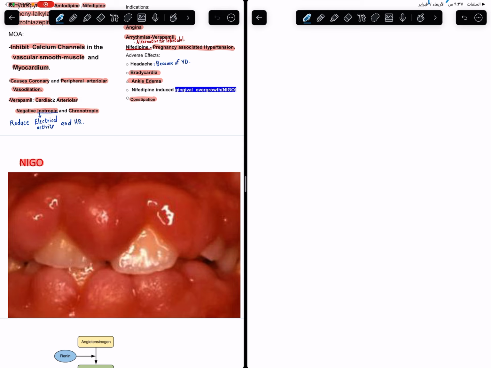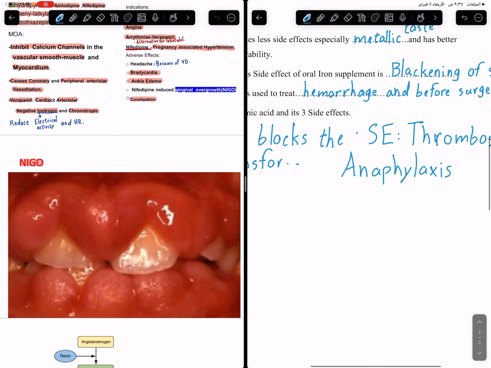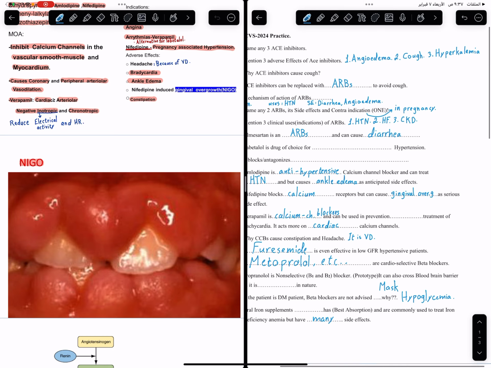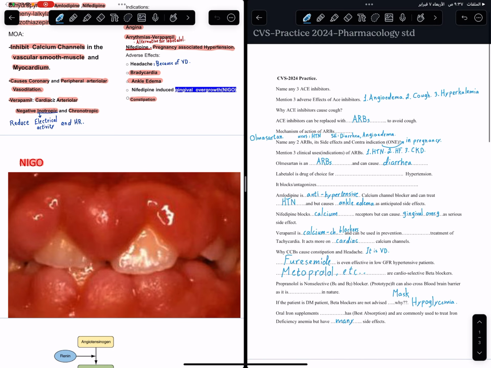For each subject there is 1 short essay: 1 for pharmacology, 1 for physiology, 1 for biochemistry. I sent the exam to the exam assessment unit, and each MCQ is of 0.